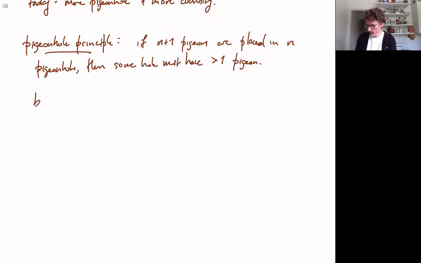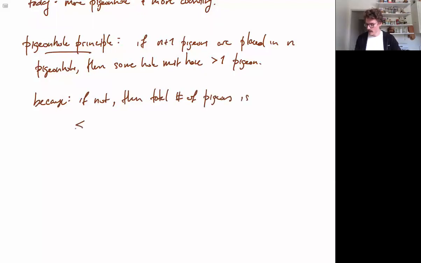Because, if not, so if every pigeonhole has at most one pigeon, then the total number of pigeons is less than or equal to, so we just add up all the number of pigeons in each hole.